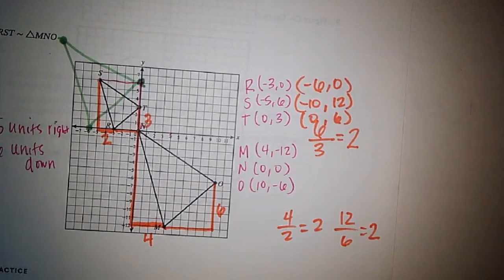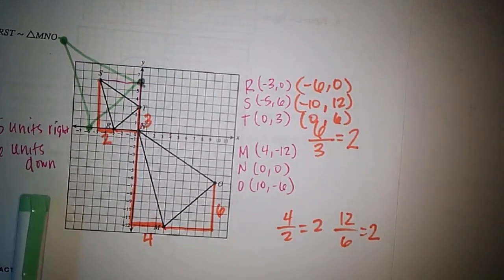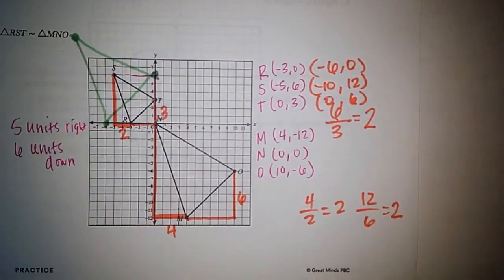But this is the actual translation. So explain that. Okay, hold on. There's an idea. Okay, so we're translating 10 units right, 12 units down. Does the scale factor have something to do with the translation if this is the original translation?